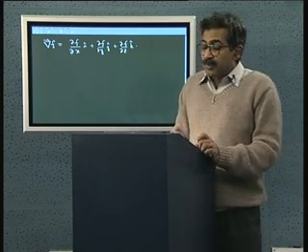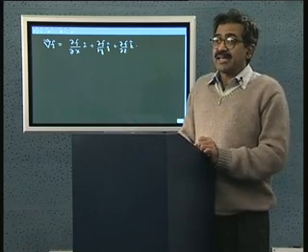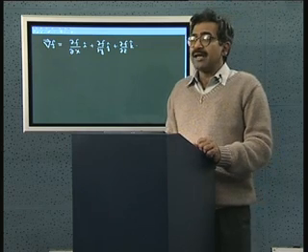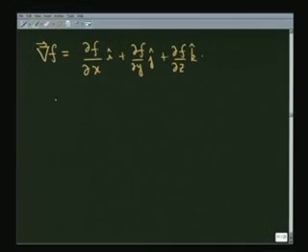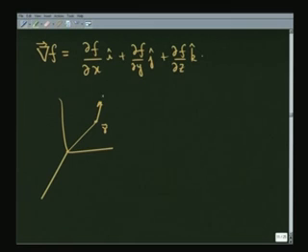Now obviously it specifies a direction at every point in the space. So I have my coordinate system. This is my position vector r. There is a function defined, and now I am associating a direction with a certain magnitude, and that is what I am denoting by gradient f.